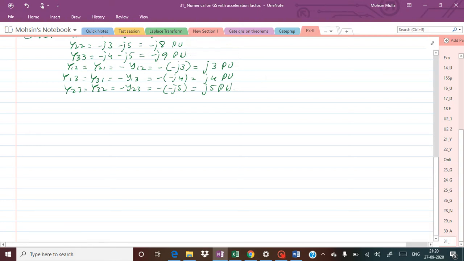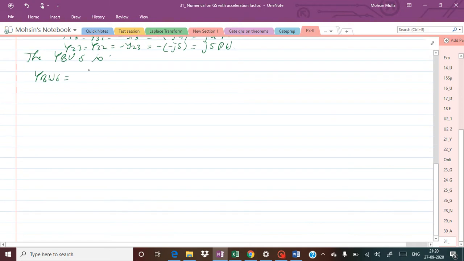So therefore the Y bus, for a 3 bus system, is given by Y11, Y12, Y13, Y21, Y22, Y23, Y31, Y32, Y33.